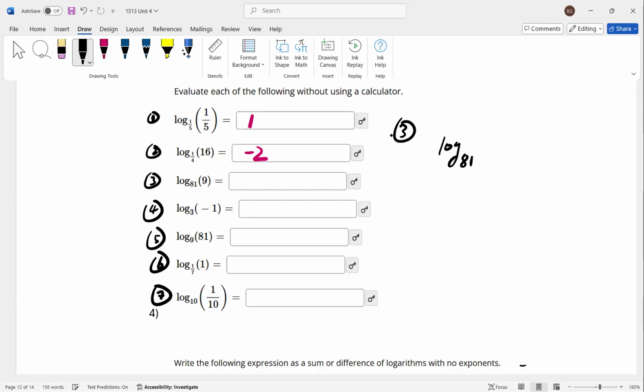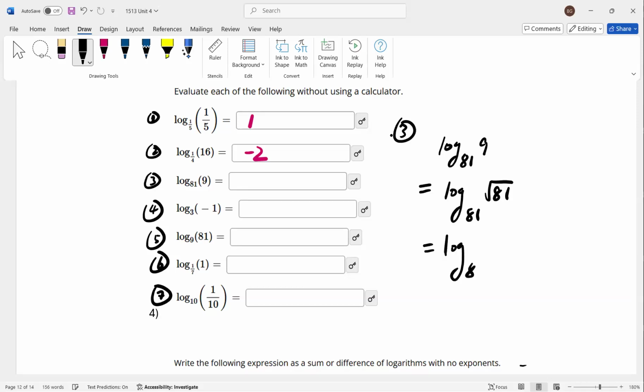Log with base 81, argument 9. Obviously, 9 and 81 are closely related because we know 81 is the square of 9. But we want to write the argument as a power of the base, and the base is bigger right now. Could we write 9 as the square root of 81? You do need a good algebraic foundation to figure that out. 9 can be written as the square root of 81, obviously, the principal square root.